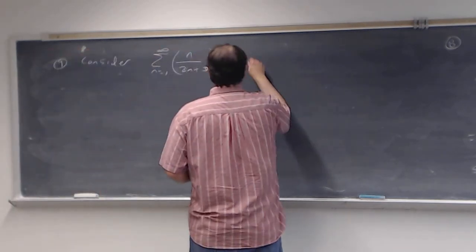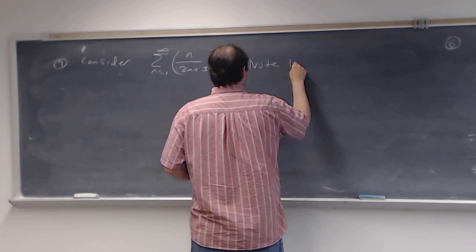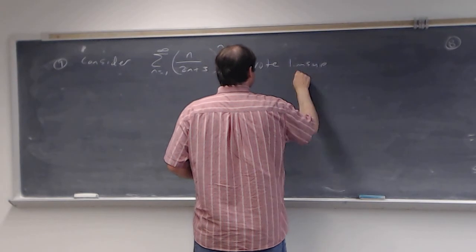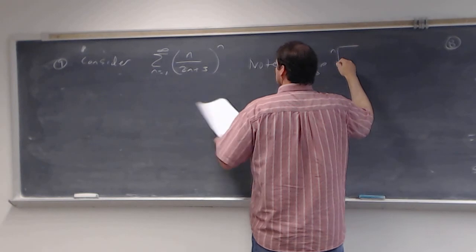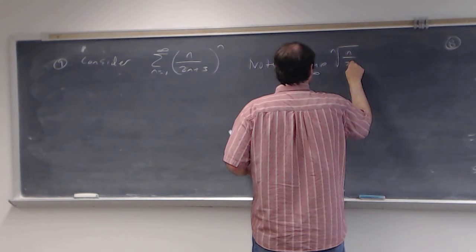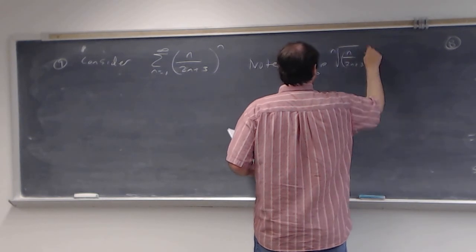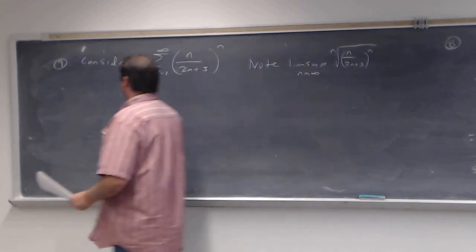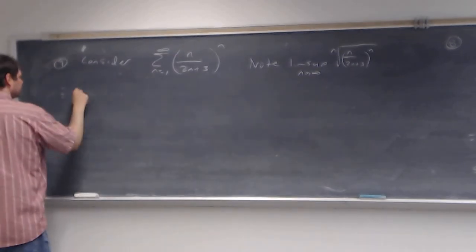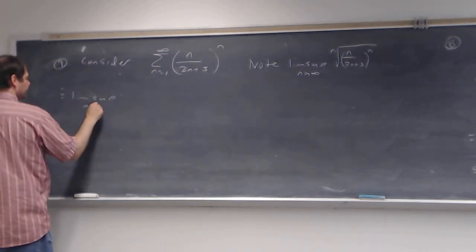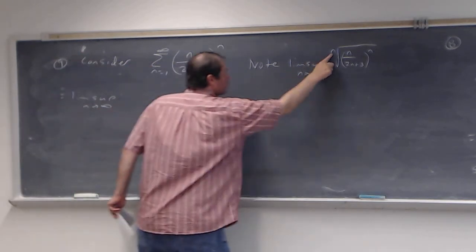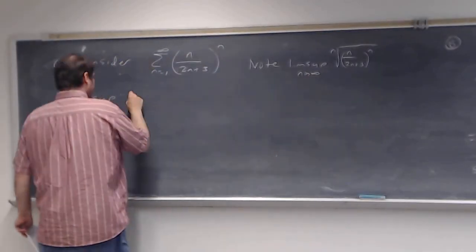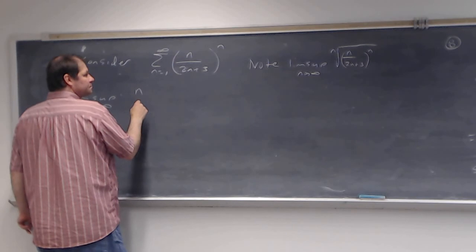So here I'll note that the lim sup, as n goes to infinity, of the nth root of the n over 2n plus 3 raised to the nth power will be equal to the lim sup as n goes to infinity. Here, the nth root and the nth power will cancel with each other.